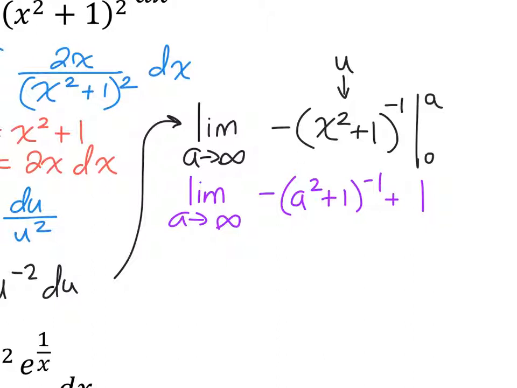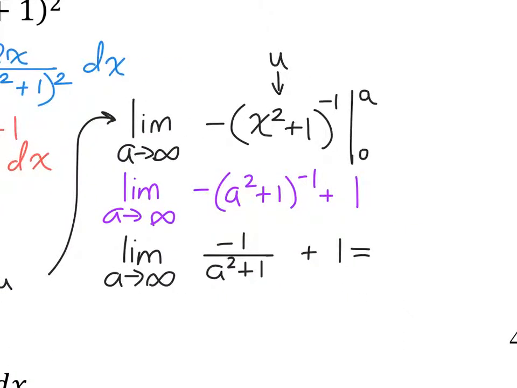It's up to you at this point. And I really mean this. I don't judge in any way. If you want to find the limit by hand, by all means, go for it. But the calculator is a nice way to go too. So one way or the other, you need to come up with the result. So whether you do it this way, which is to say reorganize into negative 1 over a squared plus 1, and then apply the limit, or pop it into your calculator and use the technique I showed you yesterday.